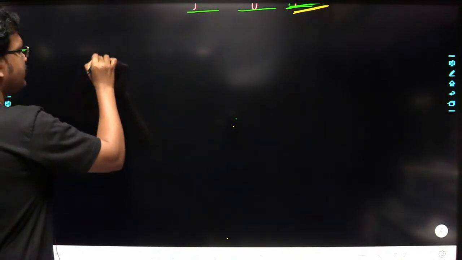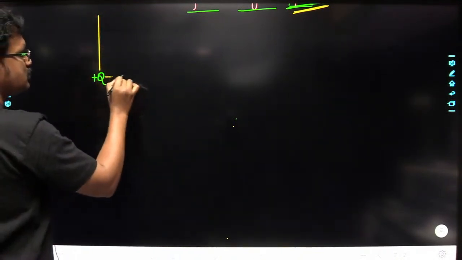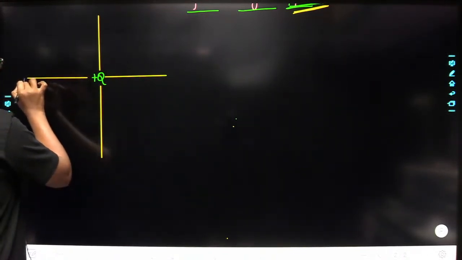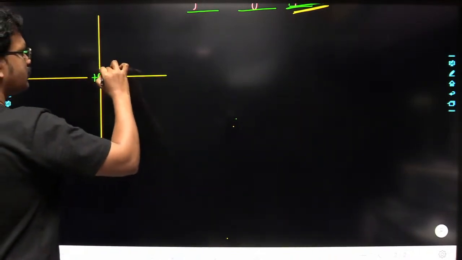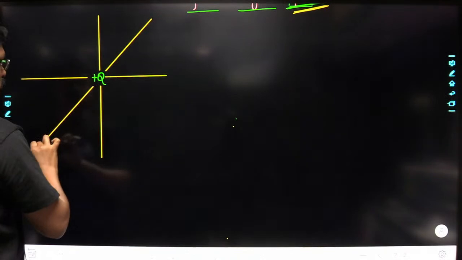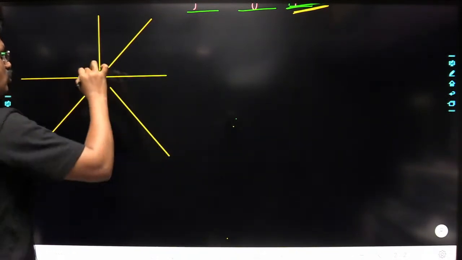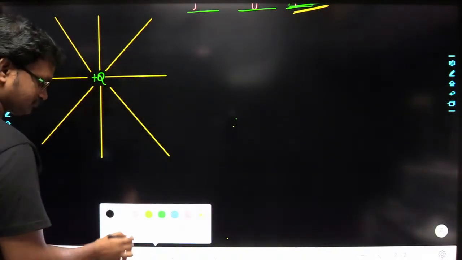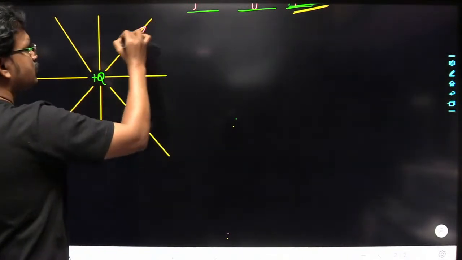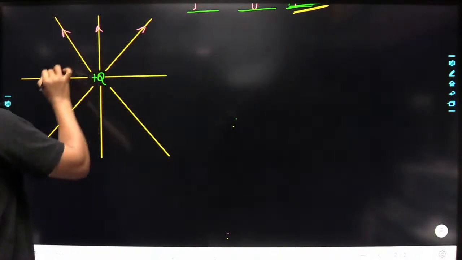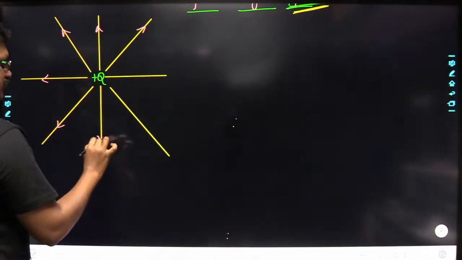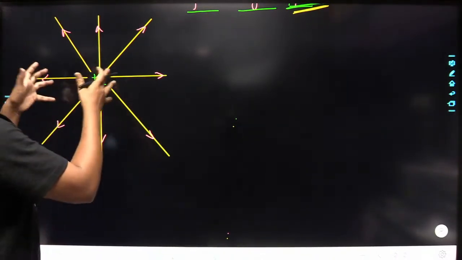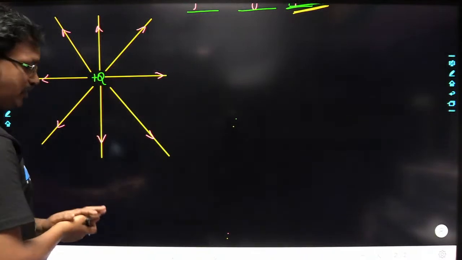So the field lines will be like this, radially outward here. This thing we know.